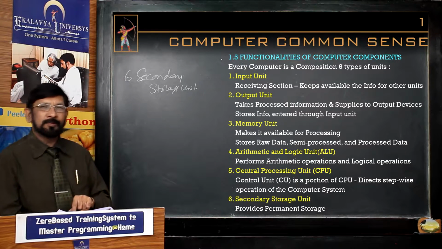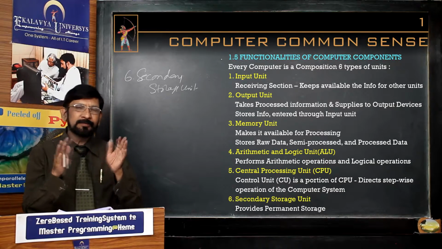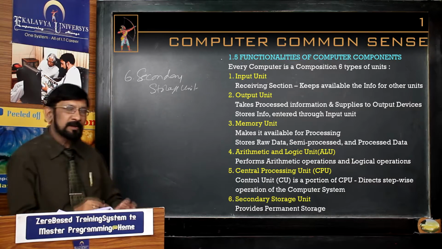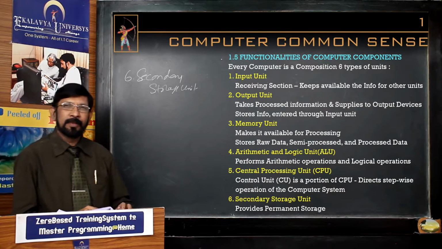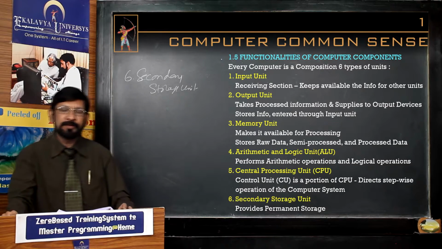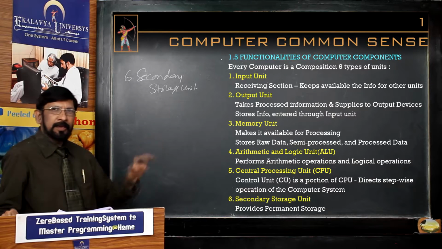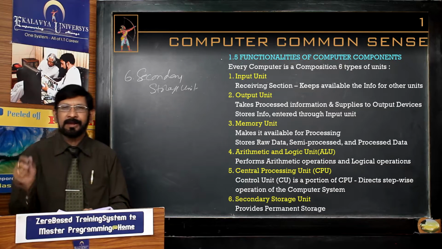And one more thing I have to tell you: main memory is very small comparatively, but main memory is much faster than secondary memory. And one more important point is, whatever data is stored in the secondary memory cannot be processed directly.